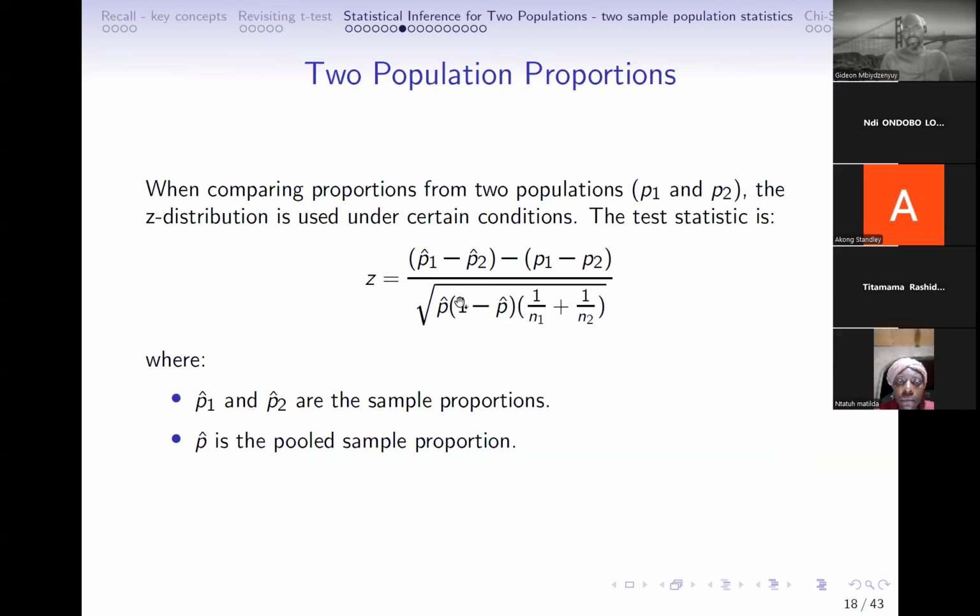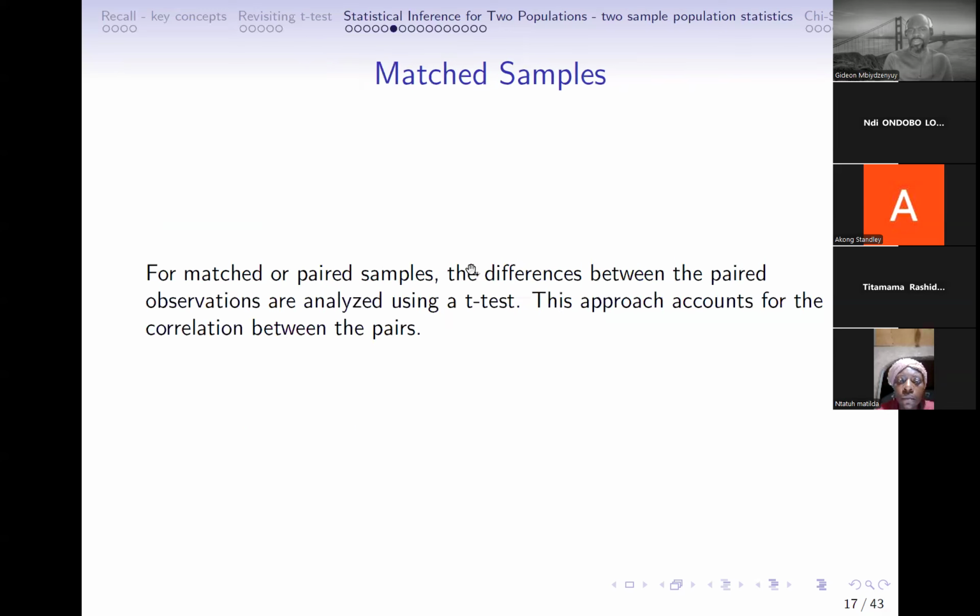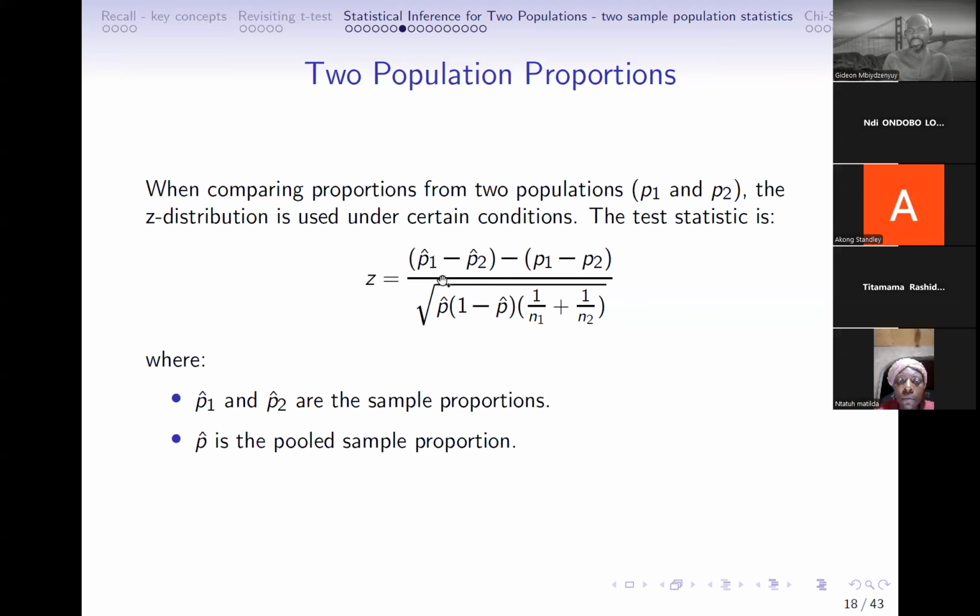So in this case, when we compare the proportions from two populations, the Z distribution is used under certain conditions. We will have the proportion of population 1 minus the proportion of population 2. So this was the case for the mean values. We look at the differences. For the proportions, we still calculate the proportions using this formula that we've seen before.